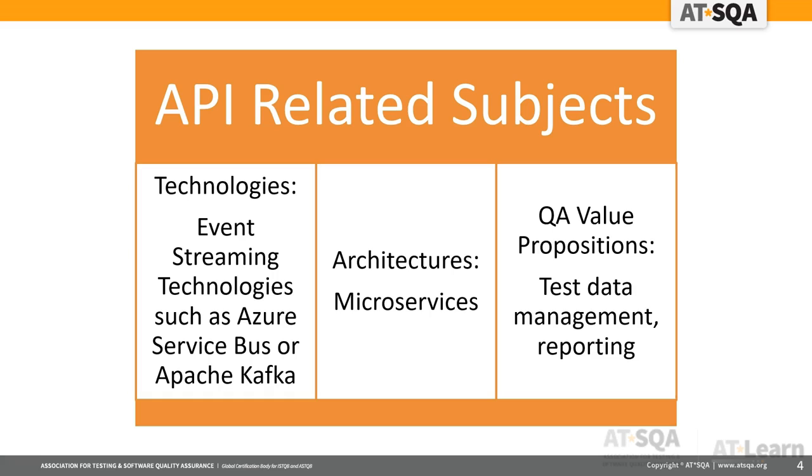There are event streaming technologies such as Azure Service Bus or Apache Kafka. An event streaming technology might be applied to a sports tournament digital solution where each score change is considered an event. Also, a periodic event, such as a meter reading on an Internet of Things device, might require event streaming.